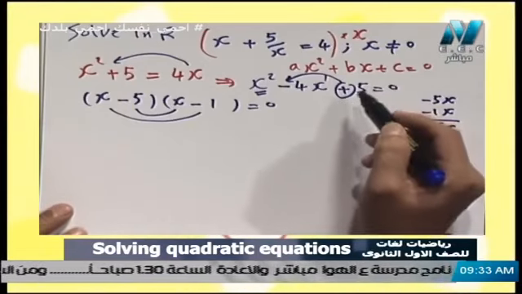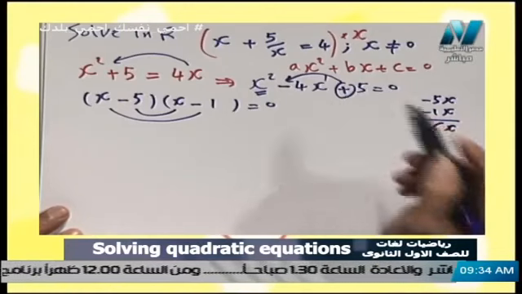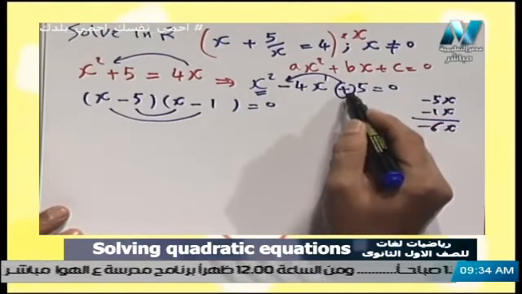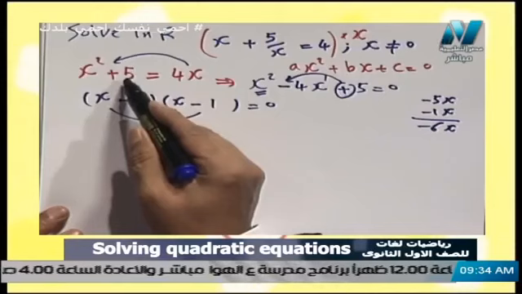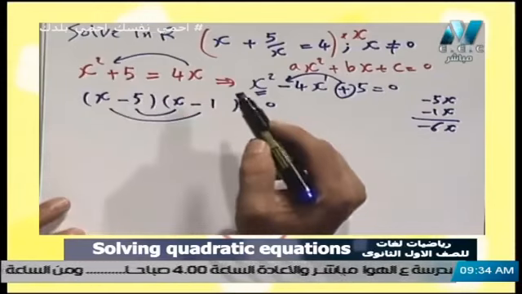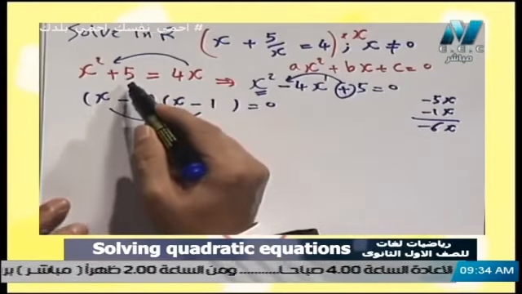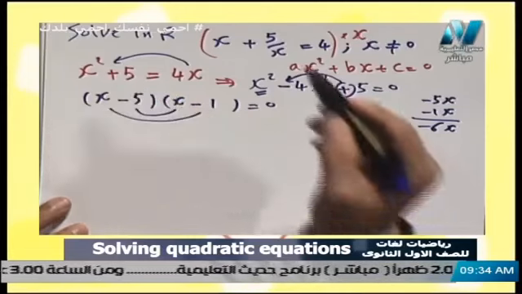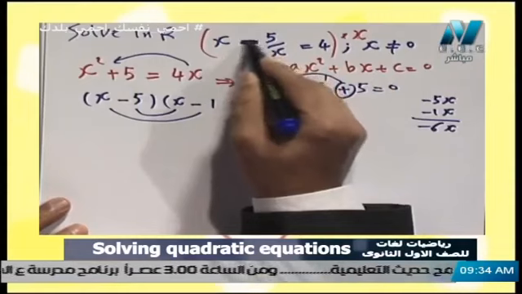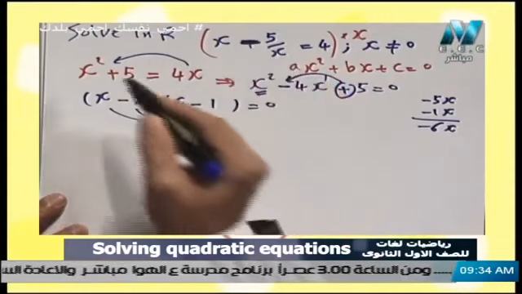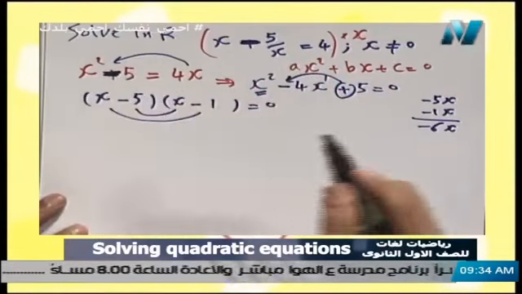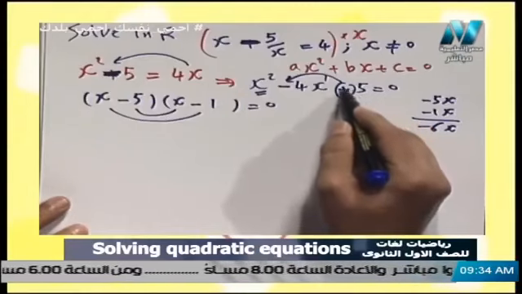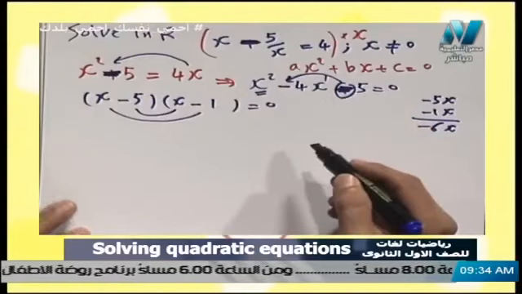We have 5 multiplied by 1. Okay, we will rearrange and make something in this equation. Here is negative, so here is negative also. Okay.